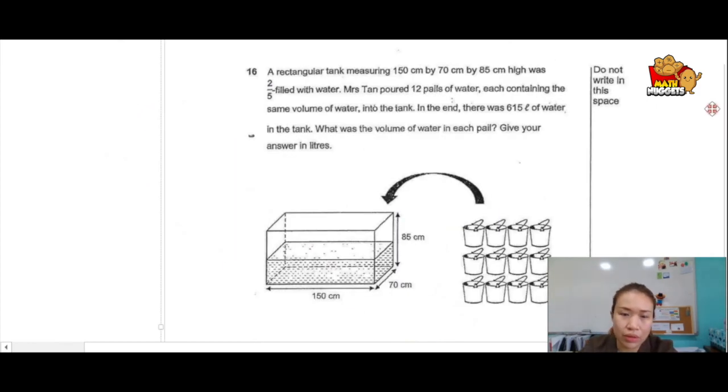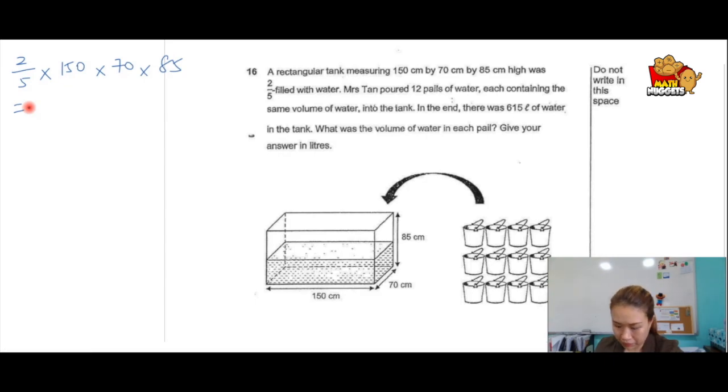Question 16, volume. First we need to find out how much water was in the tank at the beginning. So volume at first would be 2/5 times length times breadth times height, which is 357,000.